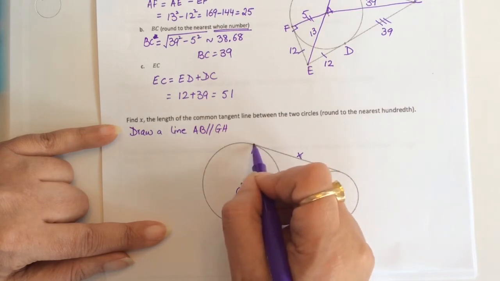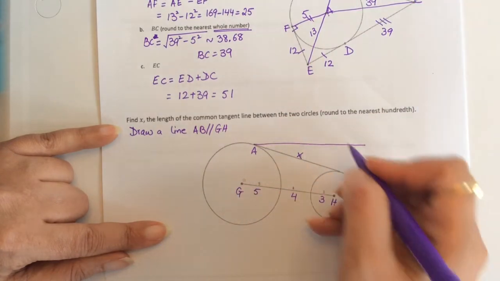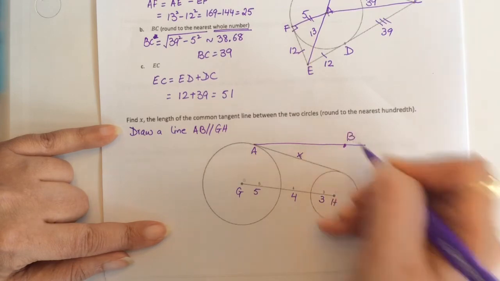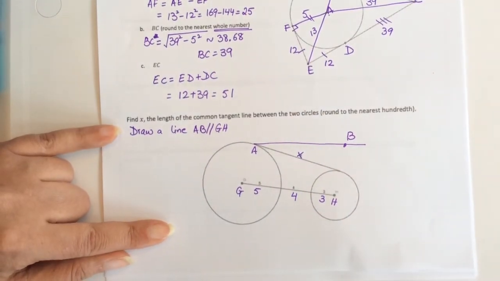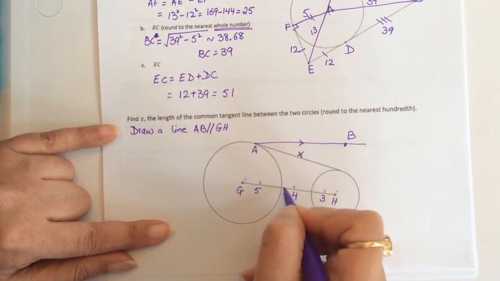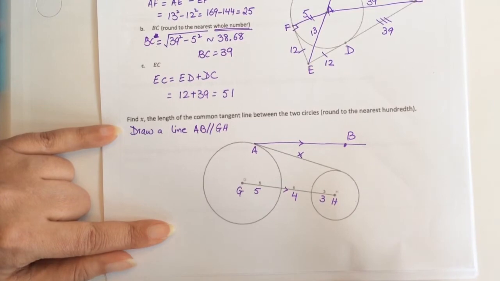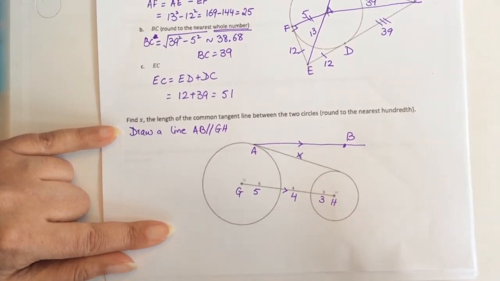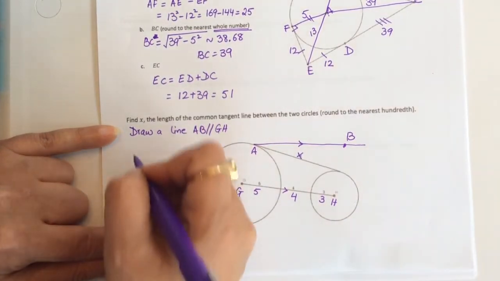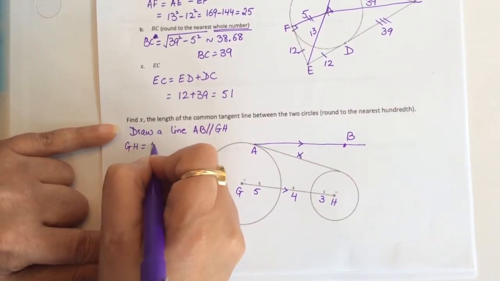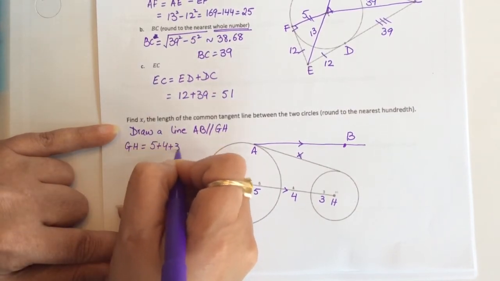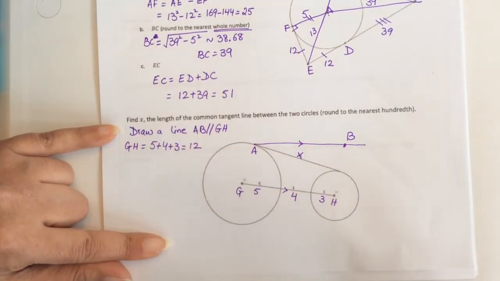I'm drawing a line AB that is parallel to GH. Okay, now I know that the length of GH is 5 plus 4 plus 3, which is 12.